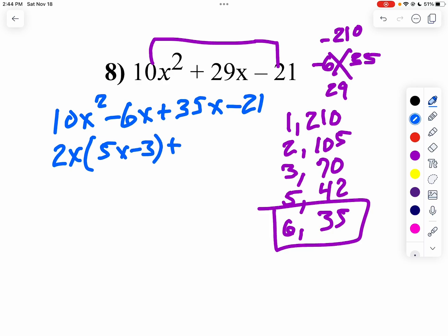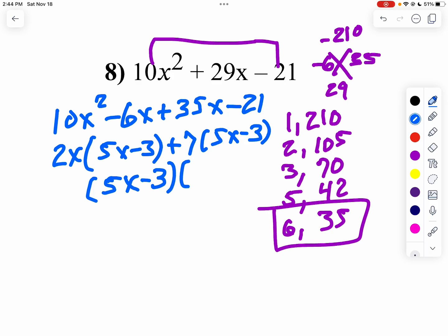I'll factor a 7 out of 35 and 21, I'll get 5x minus 3. My 5x minus 3s are the same, so I'll factor out 5x minus 3 and 2x plus 7. You could have gotten that by guessing and checking, but I like the British method.